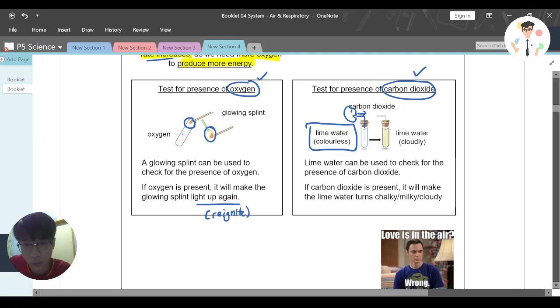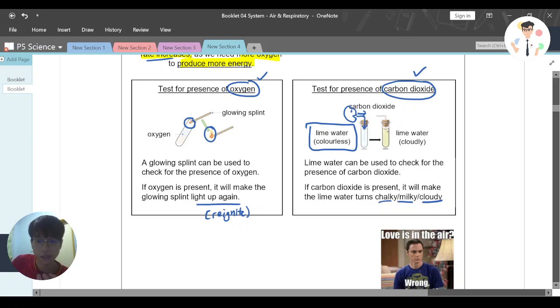So this will go into the lime water. You need to know that the lime water at first is colorless. But when carbon dioxide is present, the lime water will turn what? It will turn cloudy. Usually we use the word cloudy, but some use chalky or milky.